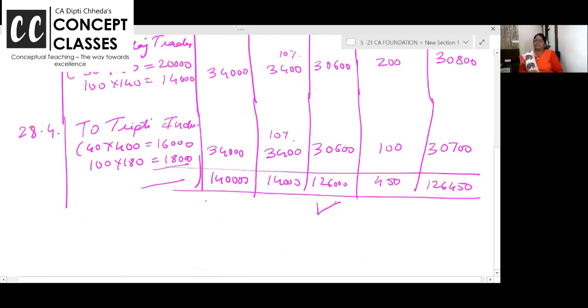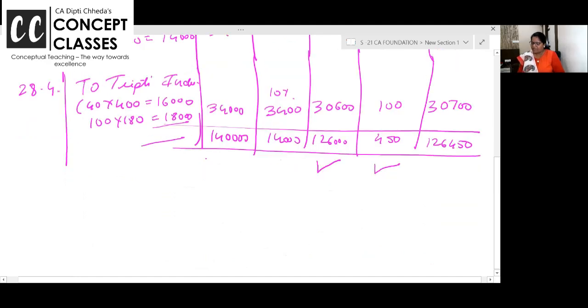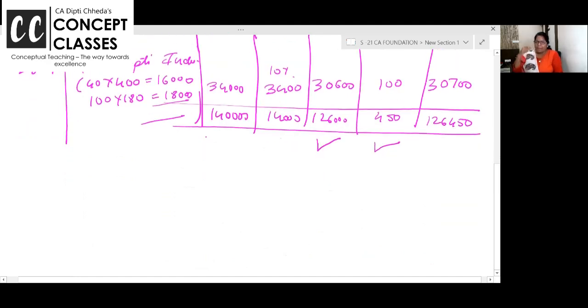This amount. Of course, you have purchased 140. Trade discount is not recorded in books. So your purchase is 126. Freight as an expense, we should record separately. I hope you are getting it. Purchase account debit, freight account debit, to Ajay, Balaji, Tripti, like that. This is the journal entry.